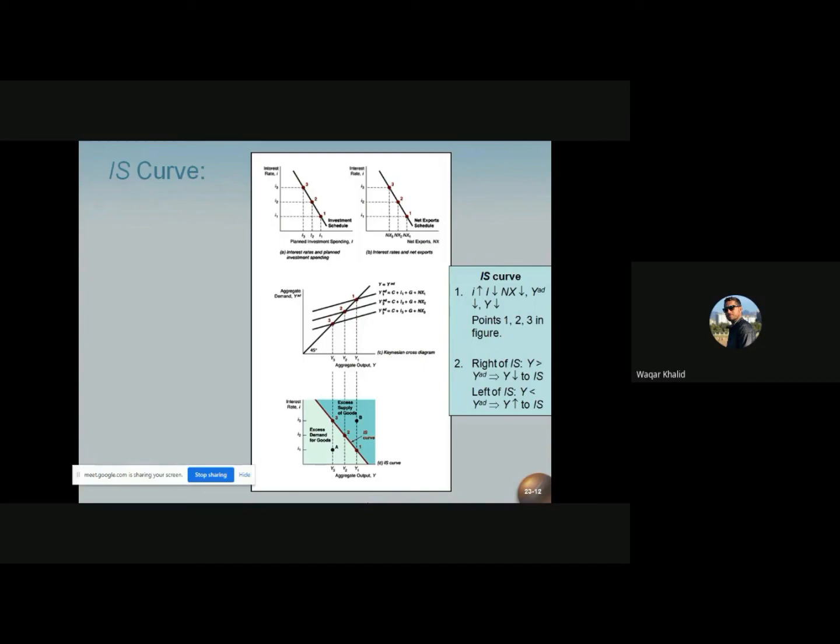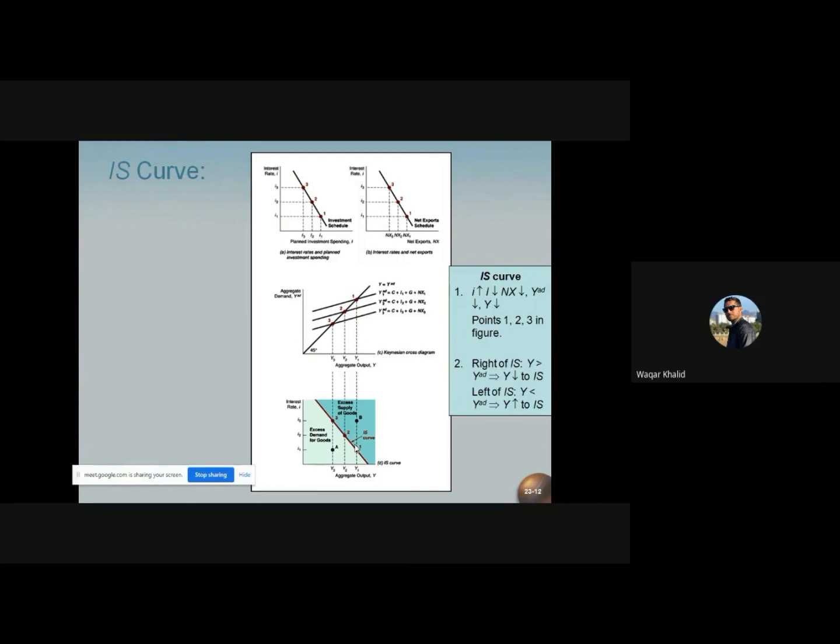So the IS curve traces out the points at which the total quantity of goods produced equals the total quantity of goods demanded. Actually, it describes points at which the goods market is in equilibrium. So at point 1, point 2, and point 3, all these points lie on the same IS curve. So these points describe that the goods market is in equilibrium.